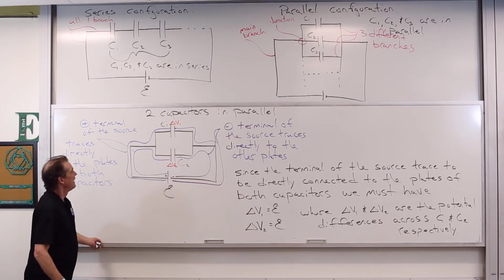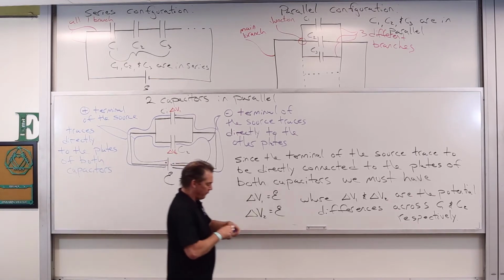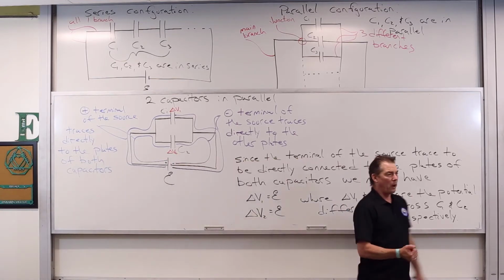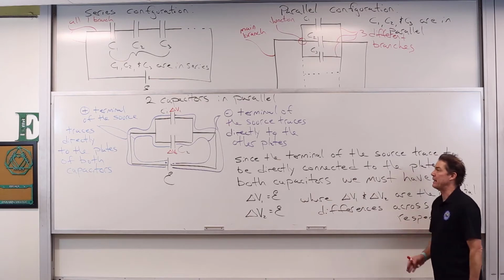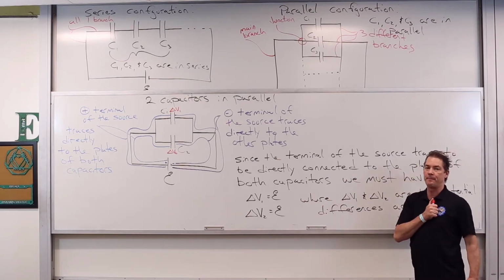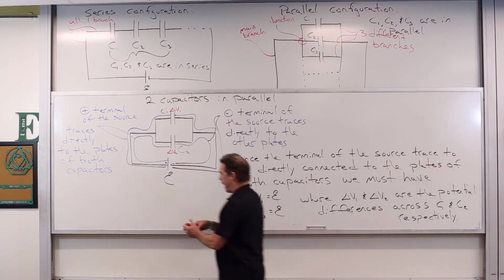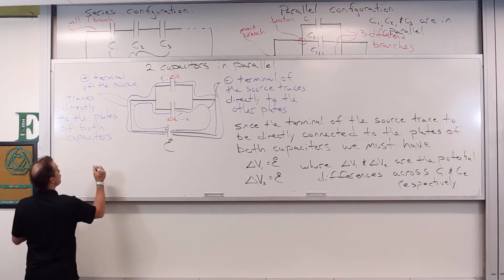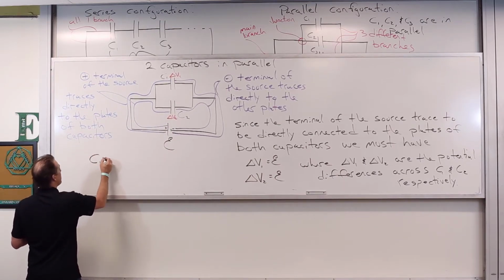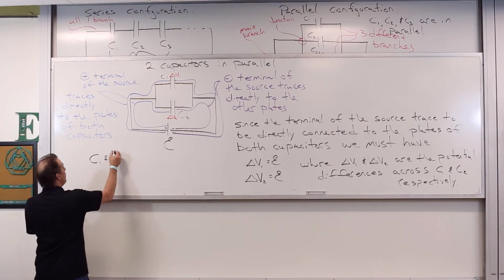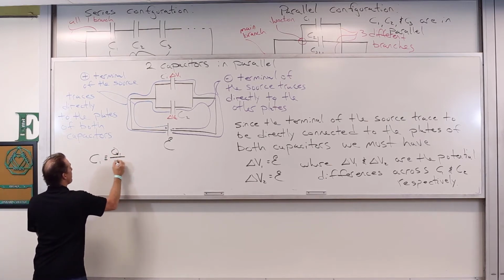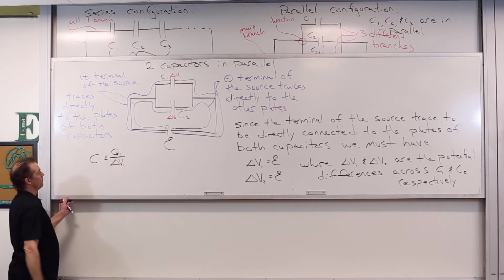All right, so here's a question for you. Will the charges separated, Q1 and Q2, be the same? Well, if we go back to the individual capacitors, we have that C1, by definition, will be Q1 divided by delta V1.